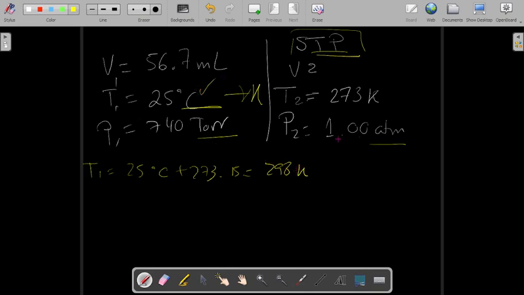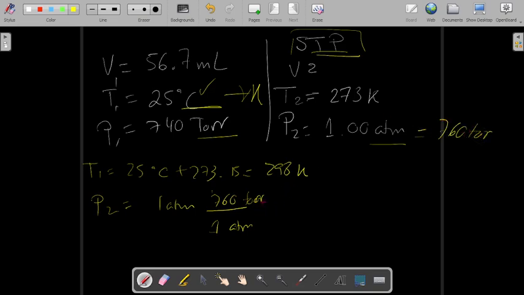Torrs and atmospheres are not going to work. So what are we going to do? Change it. P2, 1 atmosphere. If you remember in the slide I gave you, and I said you're probably going to have to memorize this. So 1 atmosphere is 760 torr.